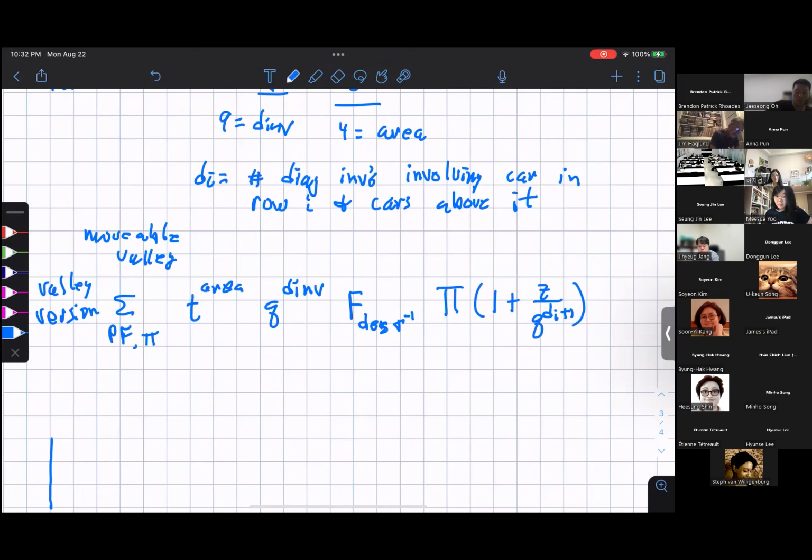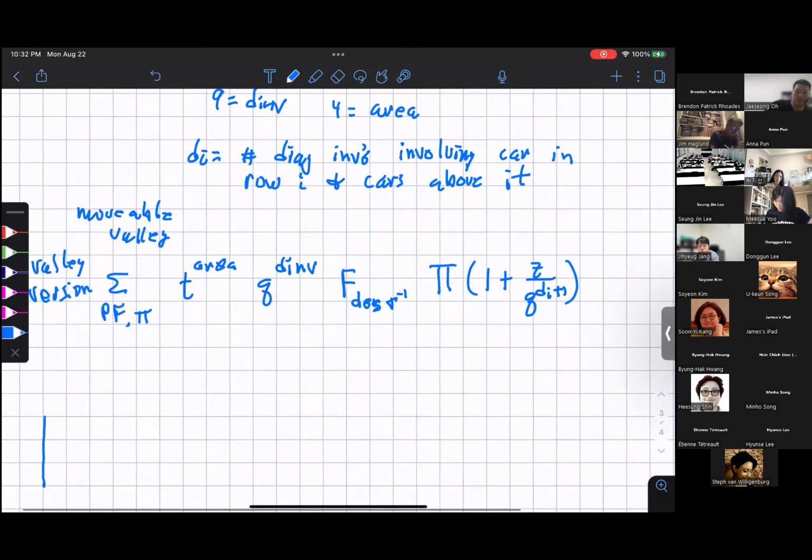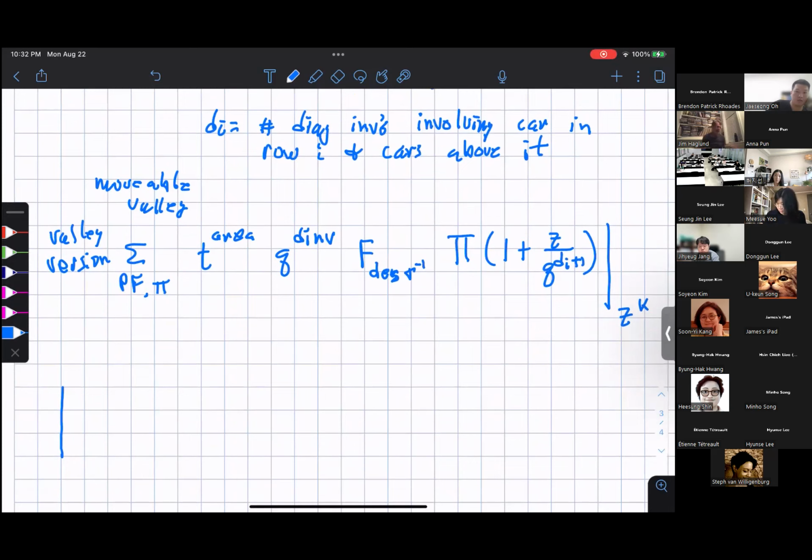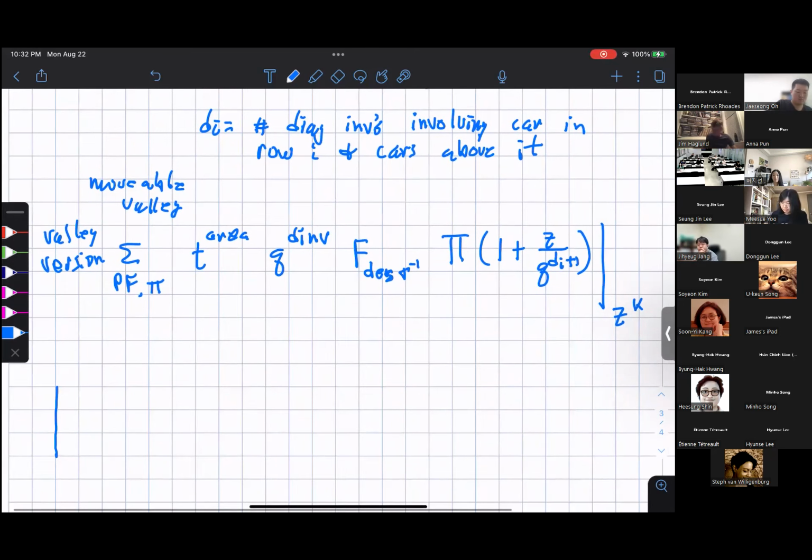And we then have this thing here, and we're going to take the coefficient of z to the k. And that's going to be one combinatorial side of the delta conjecture. And another one, we have a slightly different one.